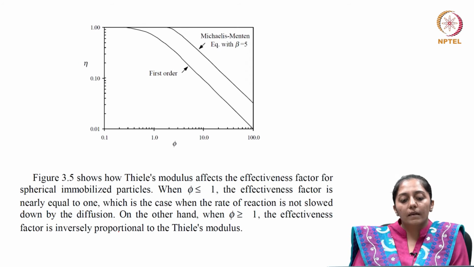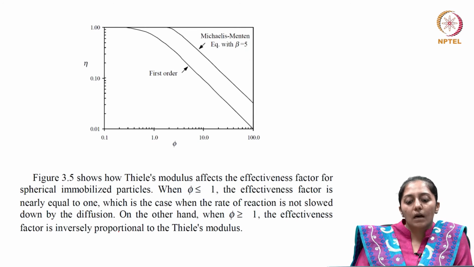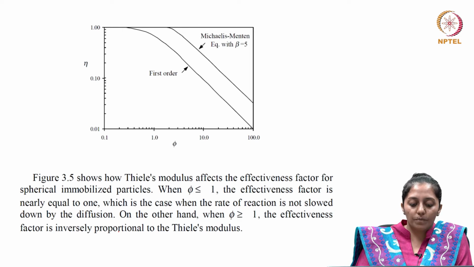And now, if we try to visualize how the Thiele modulus can affect the efficiency of the immobilized system, what we can find is that for different types of reaction kinetics, when the value of phi is less than 1, the effectiveness factor is nearly equal to 1, which is the case when the rate of reaction is not getting slowed by the diffusion process.